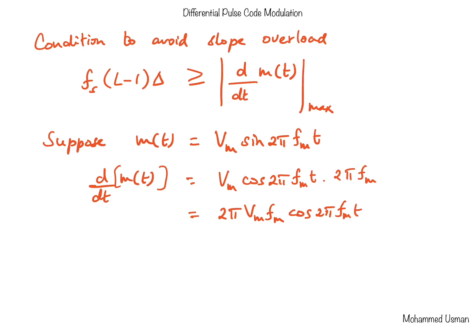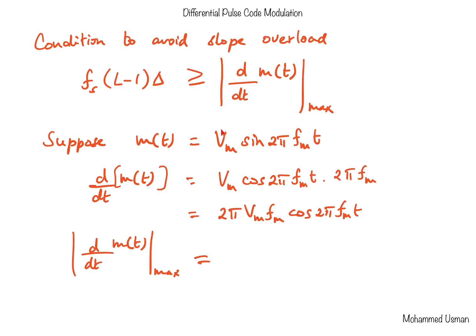And the next thing is we need to find its peak value, which is the maximum magnitude. So the maximum magnitude of d by dt of m of t is nothing but the peak value of this derivative. The derivative is also a sinusoid which has a peak amplitude 2 pi Vm fm, right?